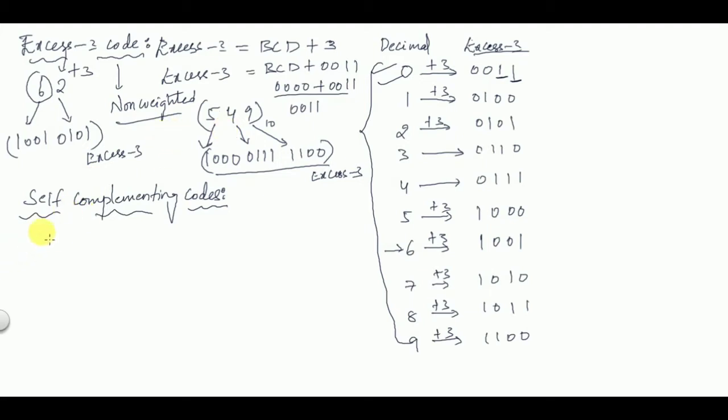Next, self-complementing codes. What type of codes are called self-complementing codes? Self-complementing codes are also called reflective codes.